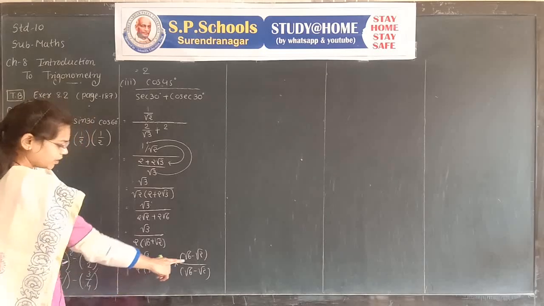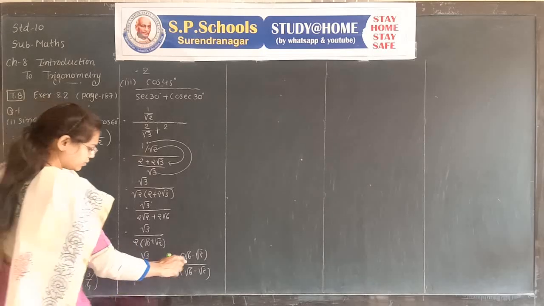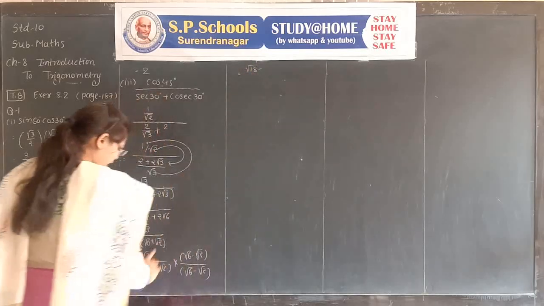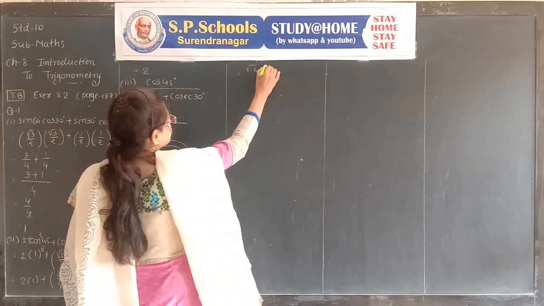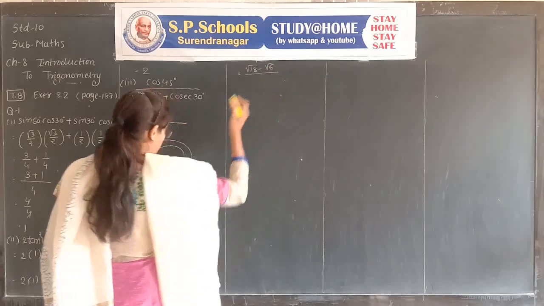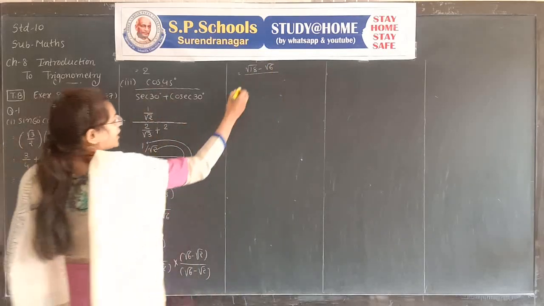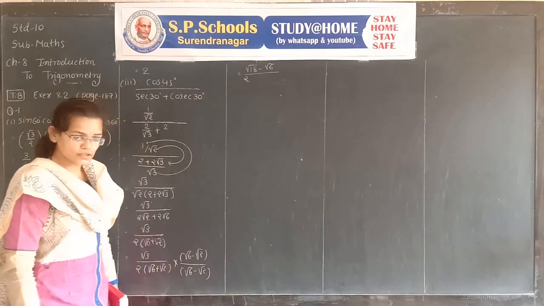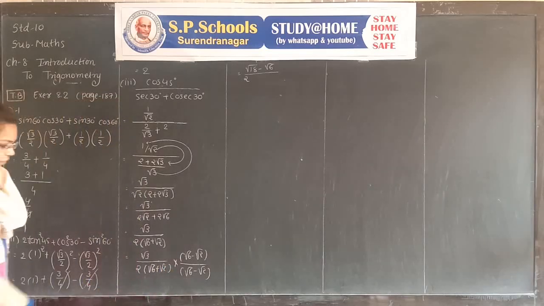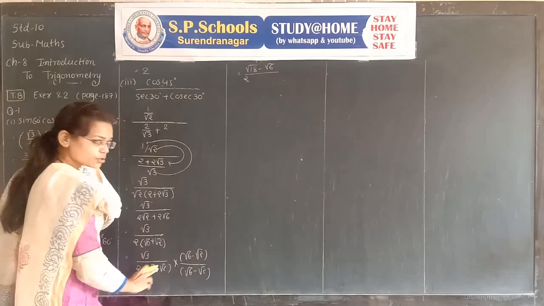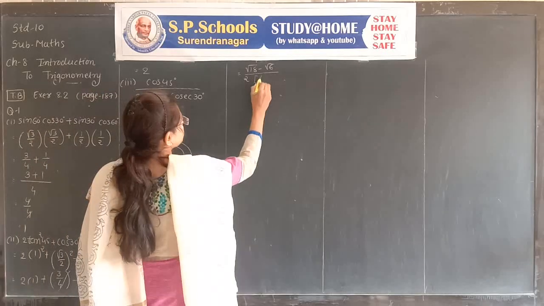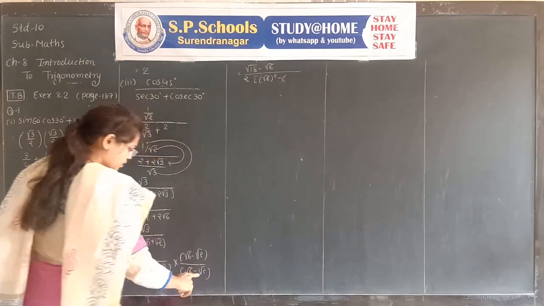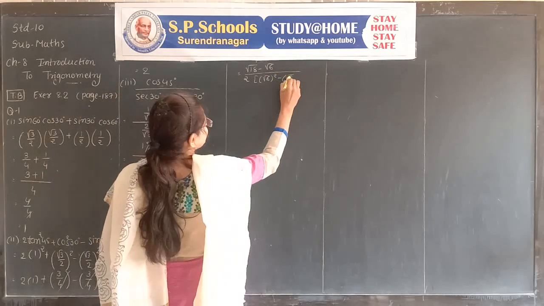Now root 3 multiplied with the bracket: root 3 with root 6 is root 18, minus root 3 into root 2 is root 6, upon 2 remains as it is. Now root 6 plus root 2 and root 6 minus root 2 are the factors of a square minus b square, meaning square of root 6 minus square of root 2.